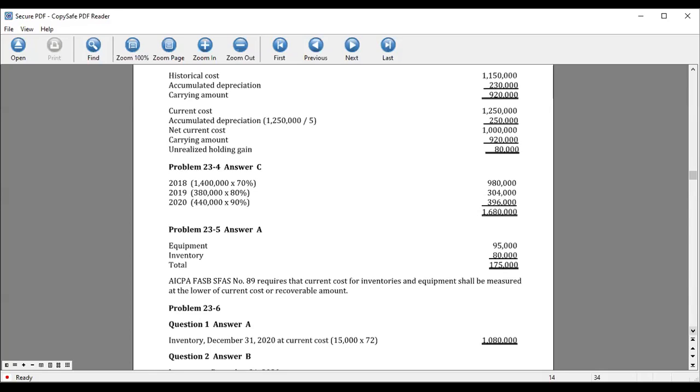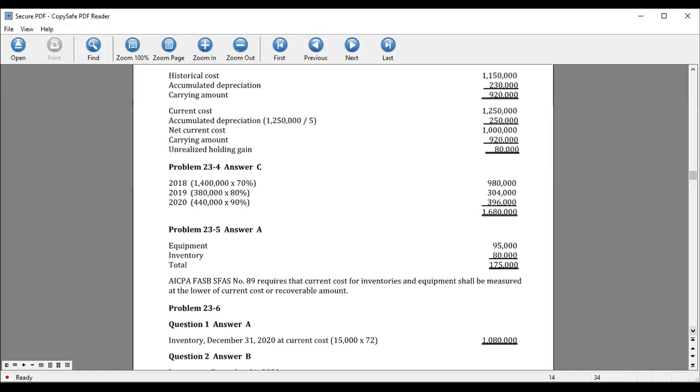So for the equipment, the recoverable amount is only 95,000, but for the inventory, it's only 80,000. According to AICPA FAS number 89, current costs for inventories and equipment shall be measured at the lower of current cost or recoverable amounts.